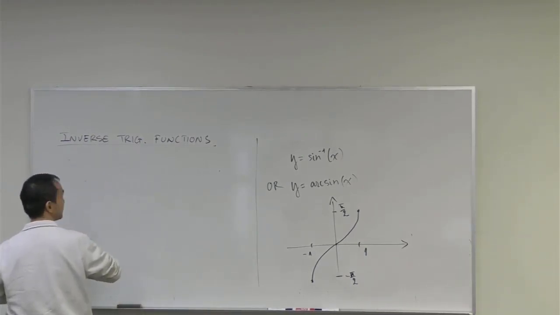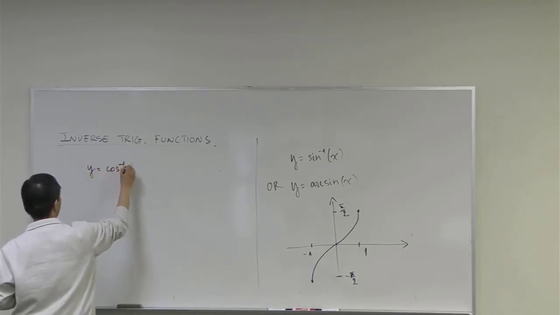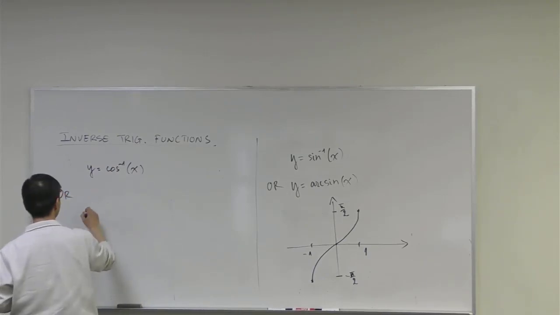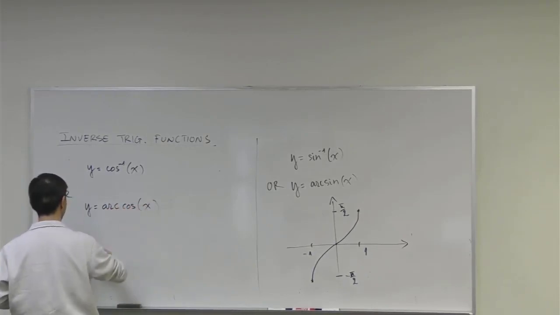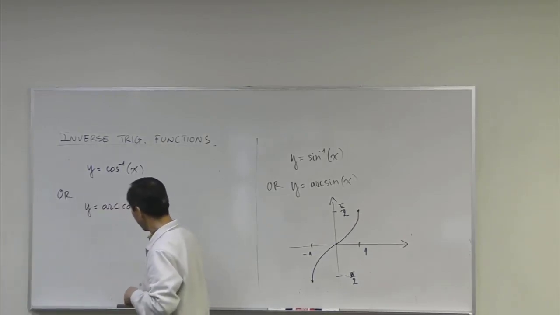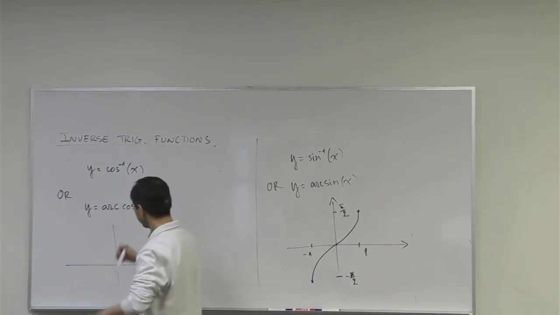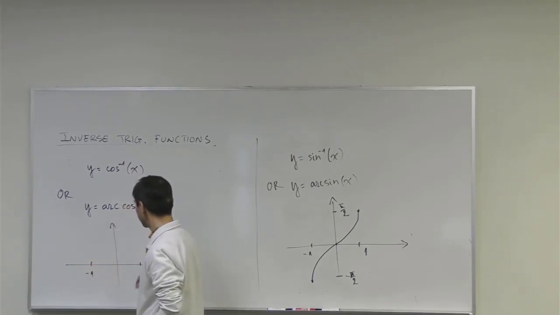Now back on that board, you can see that we define a function y equals cosine inverse of x, right? Or we can write that using the other notation, arc cosine of x, same way. But in that way, our function goes like this. -1, 1, right?